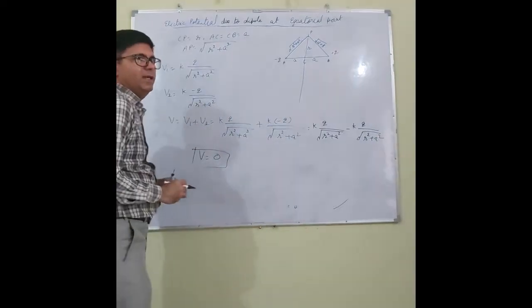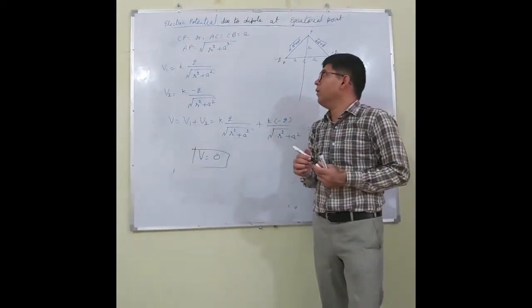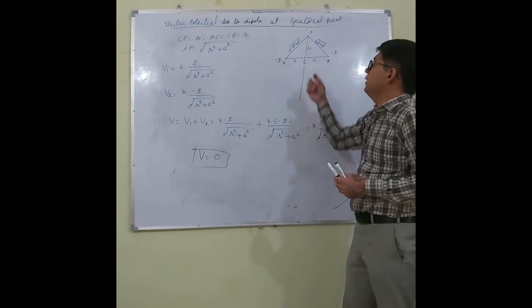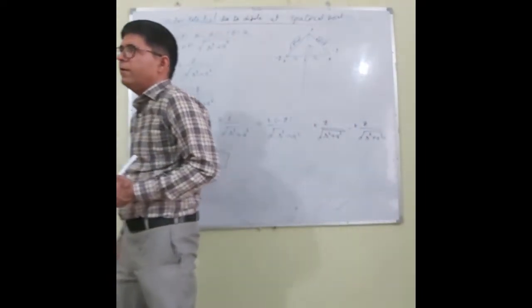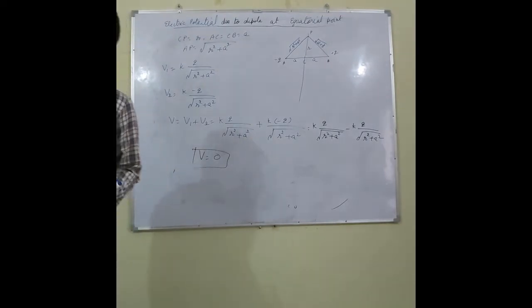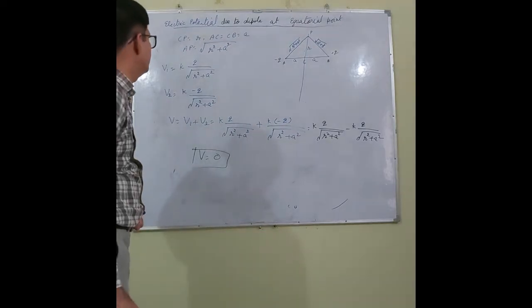What does it mean? Electric potential at any point on the equatorial line of the dipole is 0. Why is this 0? It is because electric potential is a scalar quantity. If the dipole moment and the distance remain the same, the magnitude also remains the same, so it is 0.